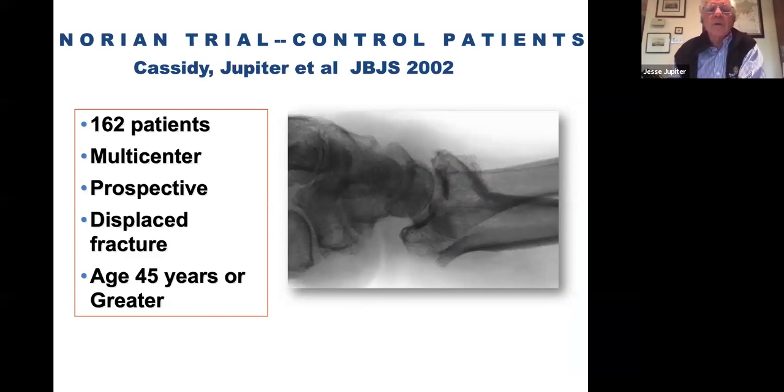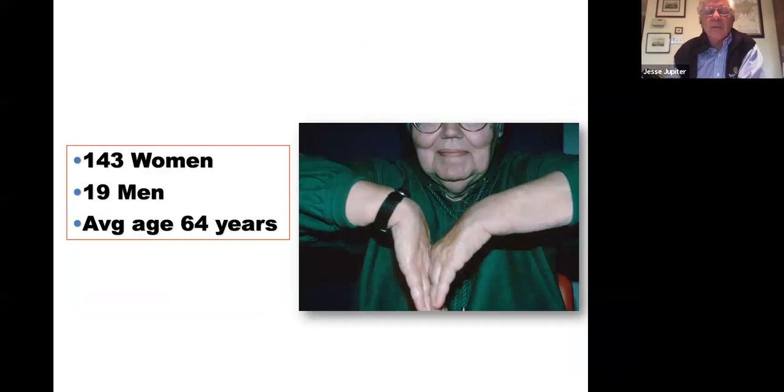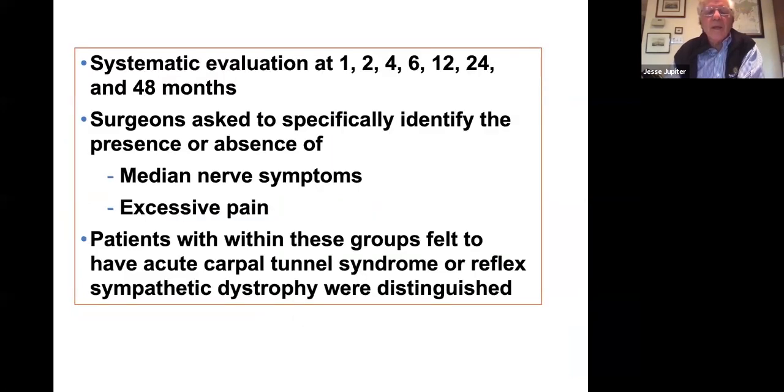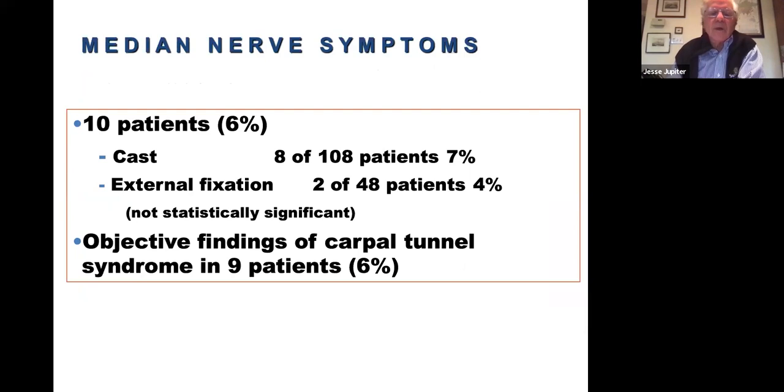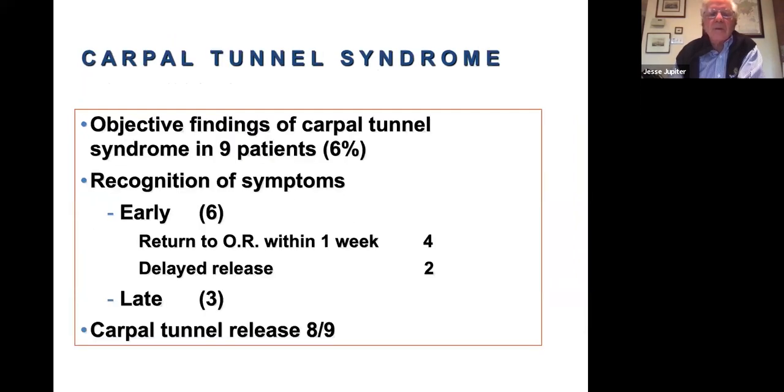Here's a study we did using implantable cement, and when we found out how patients had pain, we found that a certain number of patients had carpal tunnel pain. And the answer is, if you have pain that's out of proportion to the injury or to the treatment, you should think of the median nerve.